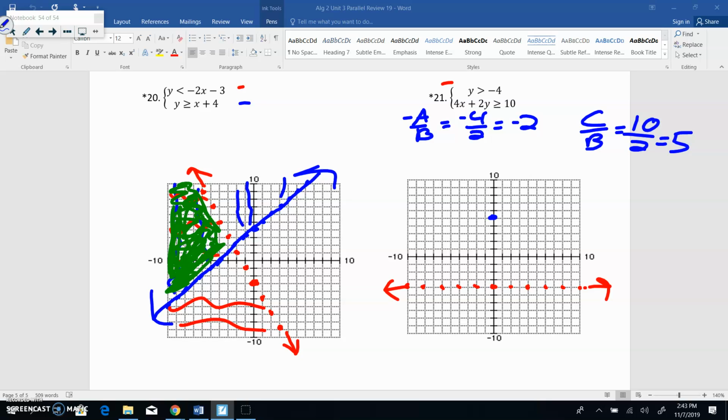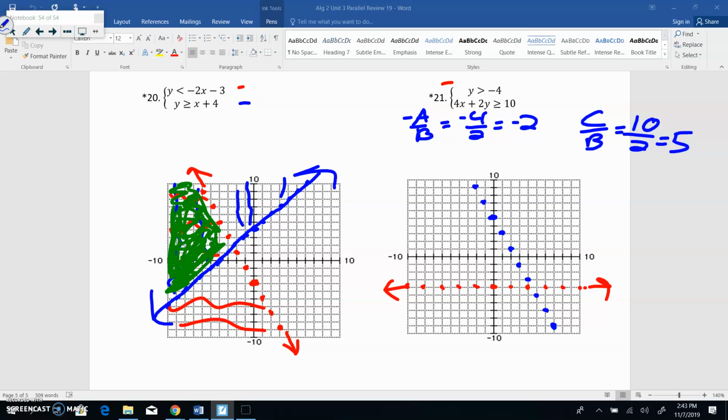Then I go down 2, right 1, down 2, right 1, down 2, right 1, and so on, all the way down. And I can go the opposite way as well.